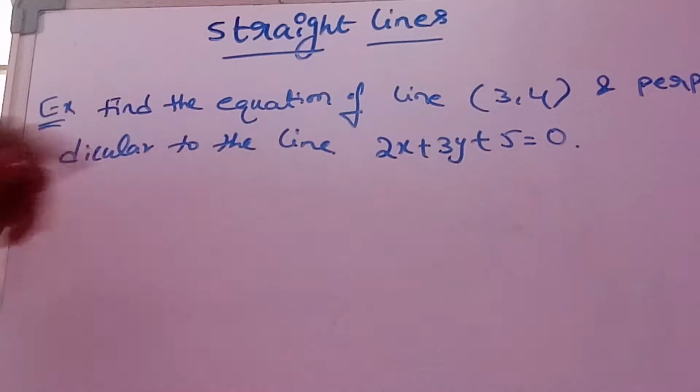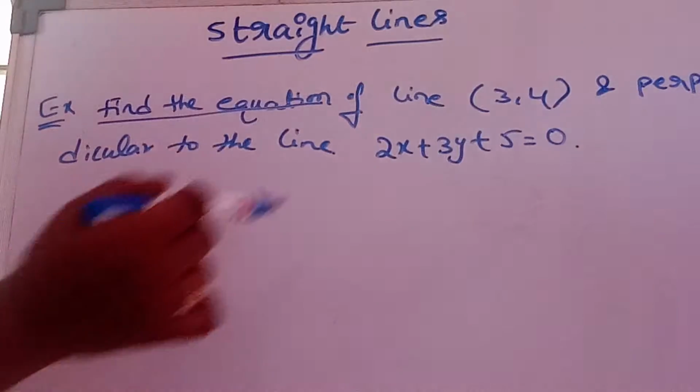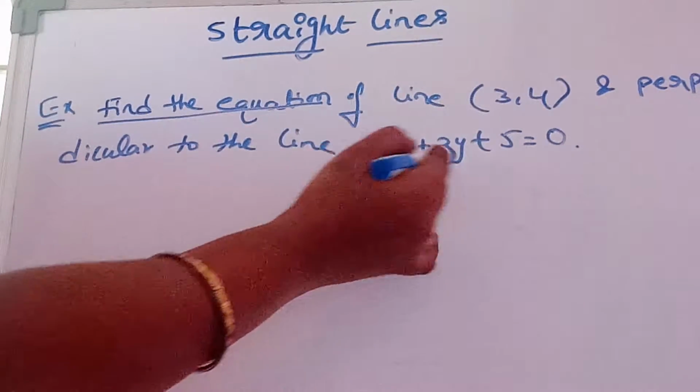Okay, find the equation of line passing through the point 3 and 4 and perpendicular to the line 2x plus 3y plus 5. Here we have to find the equation of straight line. You give a point and the point is perpendicular to the line.